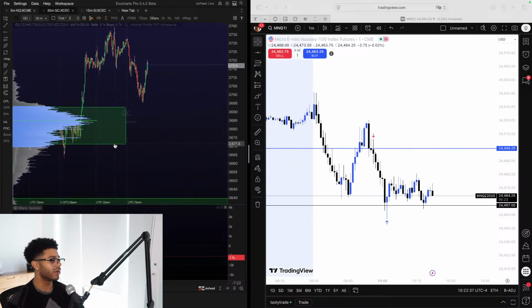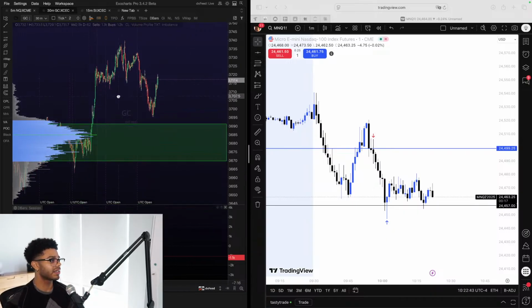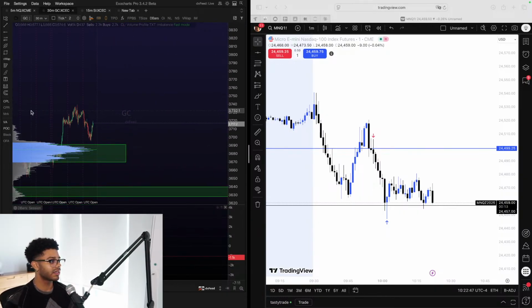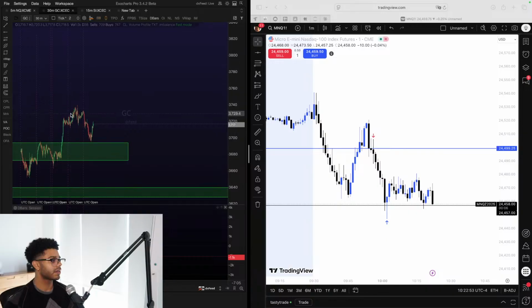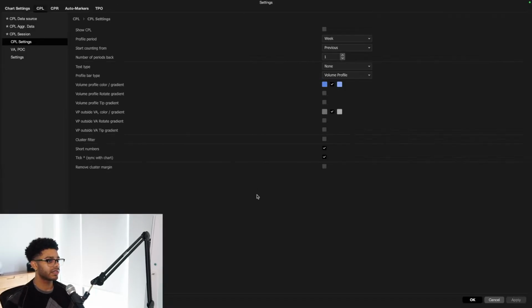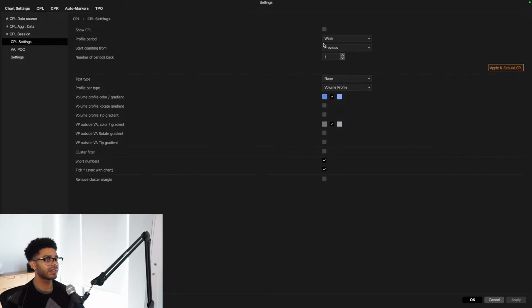Gold's been really volatile lately. So let me put out this value area and then we'll zoom back into the 5-minute chart. I want to see what it's been doing this week.